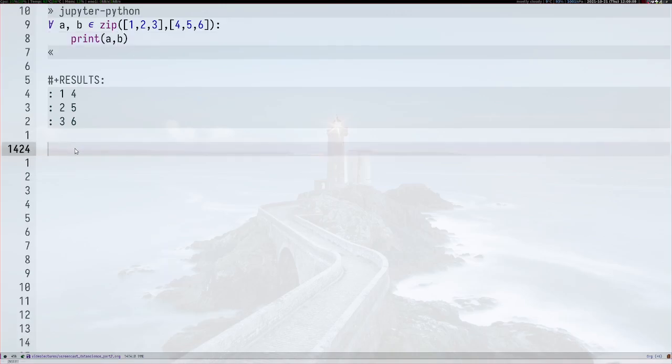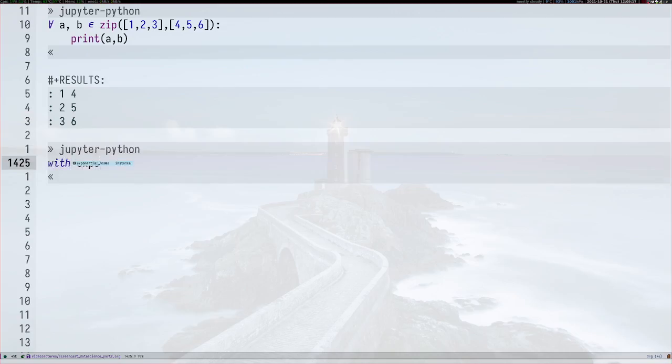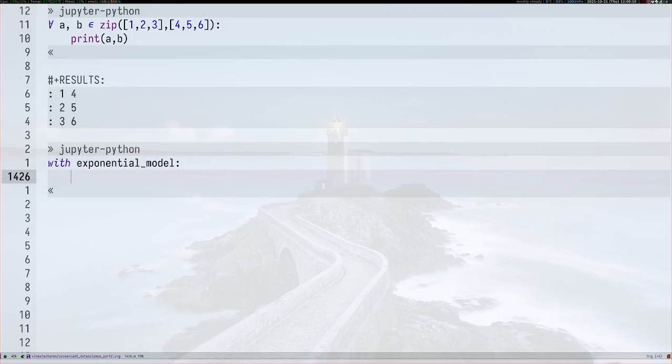So now we can start to sample. So we say with exponential model, the trace is equal to PM sample, and let's give some samples for tuning.